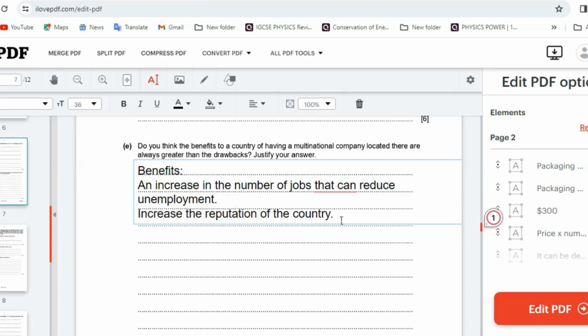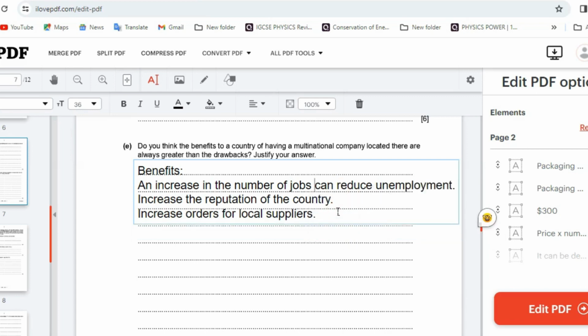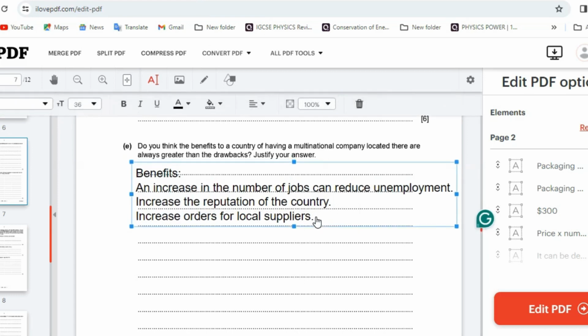And also let's pick one more advantage. It will increase orders for local suppliers, and this can actually increase the income for local businesses and can also increase our gross domestic product, that is the GDP that we mentioned earlier.